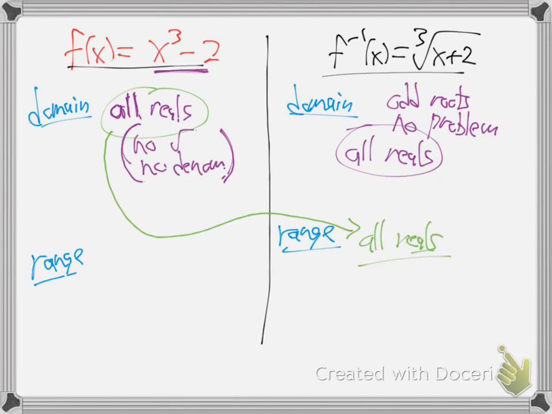And the domain of the inverse is the range of the original. Now this one's kind of silly because it's all reals, but they'll be different in a minute. Is that making sense? They just swap. So you just find the domain for both, and those swap and become the range for the opposite, because that's what inverse functions are: a swapping of domains and ranges, x's and y's.